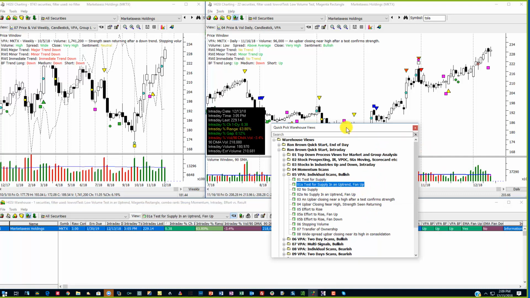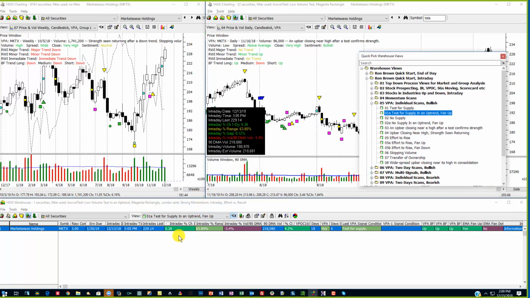Okay, so what I did here is I just took that same filter, I added this test for supply in an uptrend, and in this market, that's the only stock that comes up.